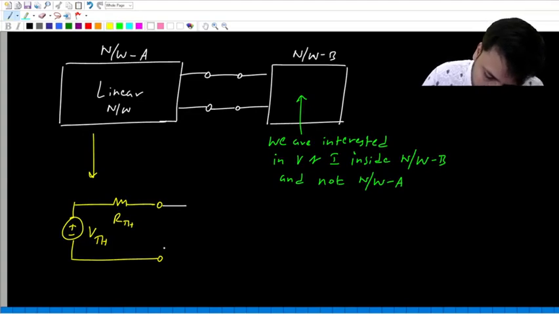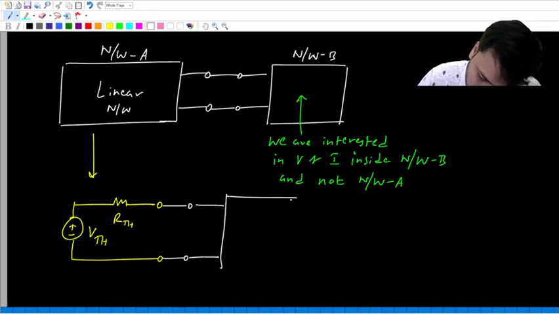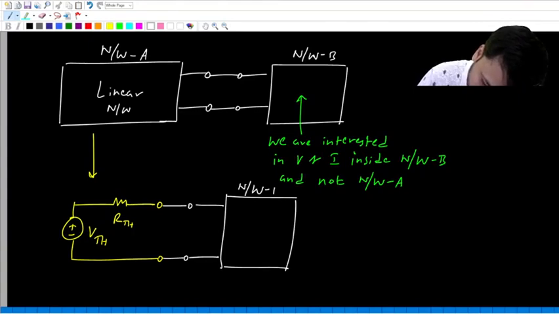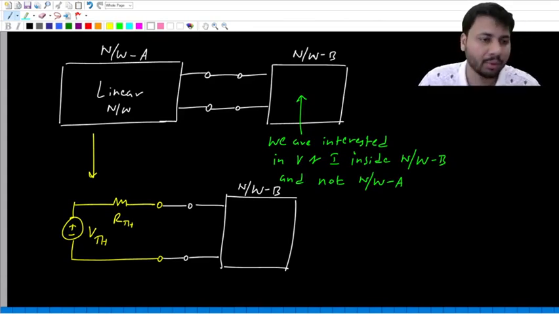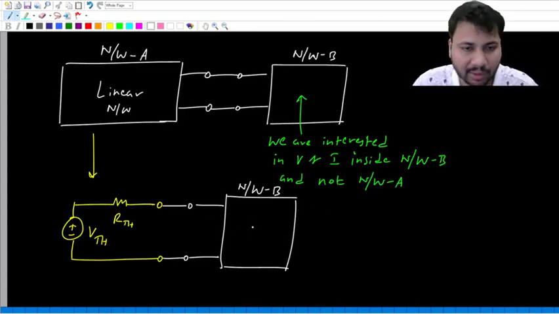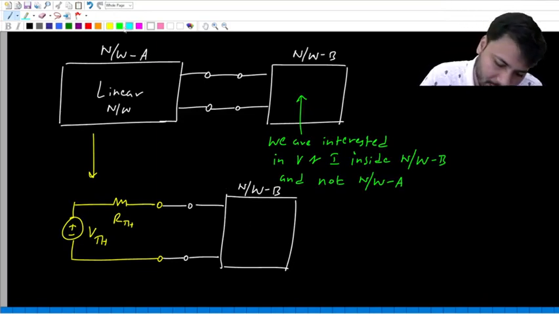But outside of this, we still have the same network B. So when you do this, the voltage and currents inside network B will not change. I hope you have understood.